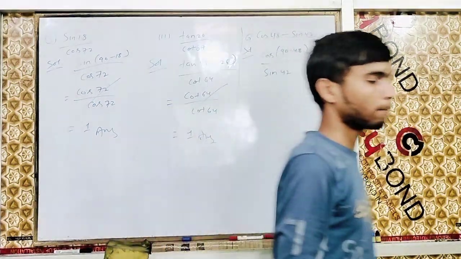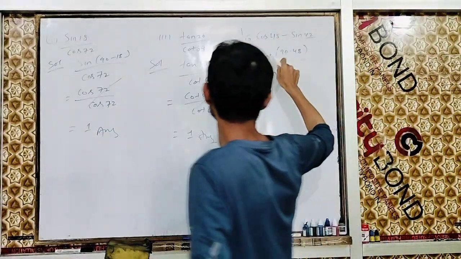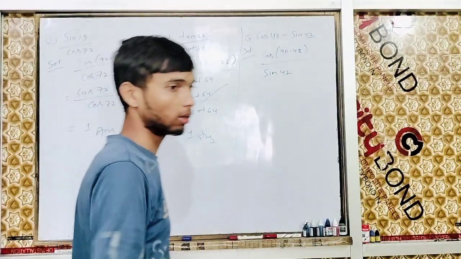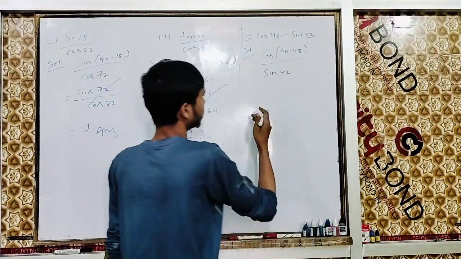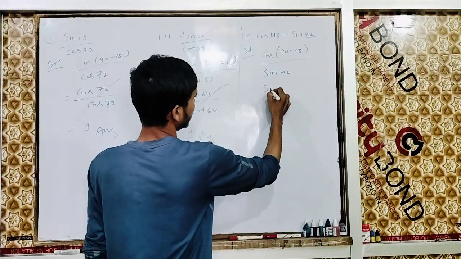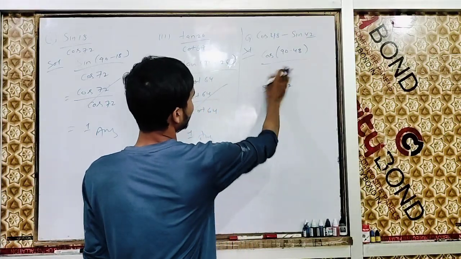Okay. Now this is converting itself into a positive trigonometric function, which is sine, and this will become 42. But hold on, this is in subtraction.